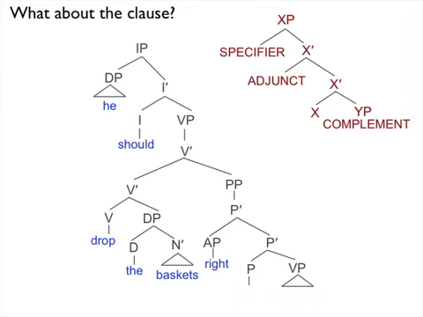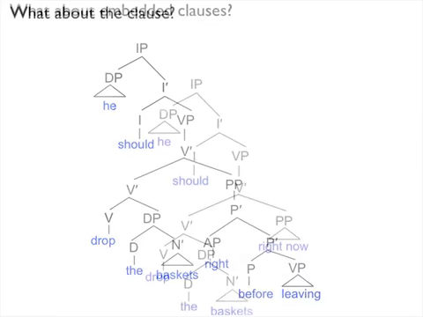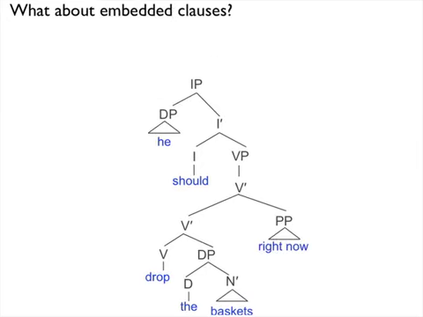So we've got a structure like this. Oh, I was giving evidence for the P-like nature of next to. So let's say we've got this: He should drop the baskets right now. This is sort of the basic story, the tamest version of the story, and a standard one. It's the one that the online textbook that I directed you to is using.